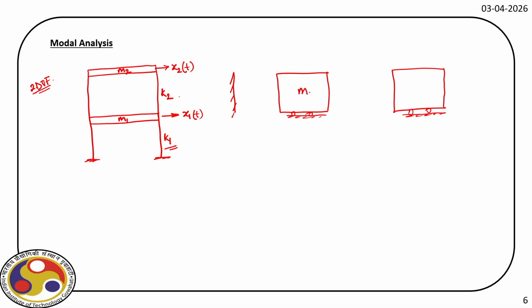So this is M1 and this is M2, with 2 degrees of freedom, x1 and x2.